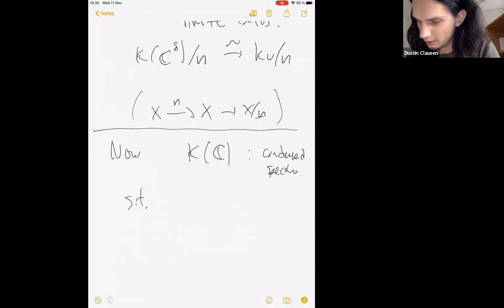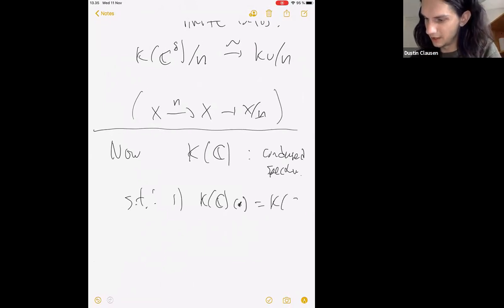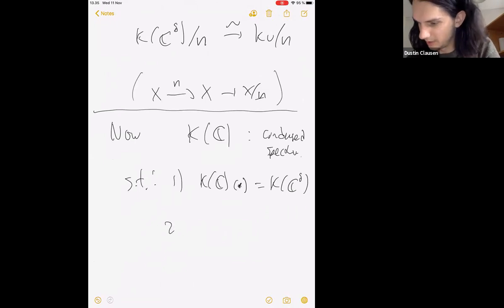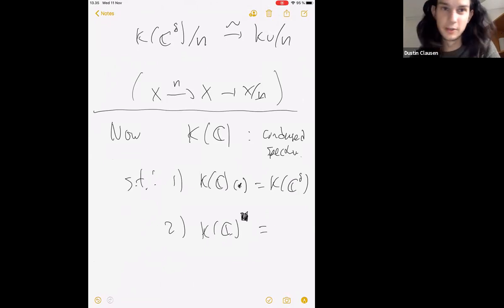The one thing which is just a consequence of the definition: if you take the underlying spectrum, so you evaluate on a point, you do get the K theory of C as a discrete ring. But then we saw that the solidification of this condensed spectrum is also a usual spectrum. So it's a pure anima, so to speak, and it is this little ku.